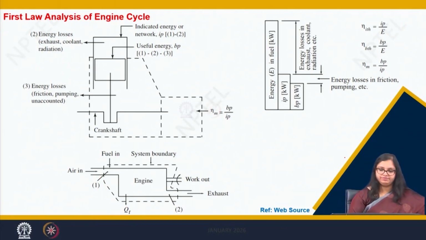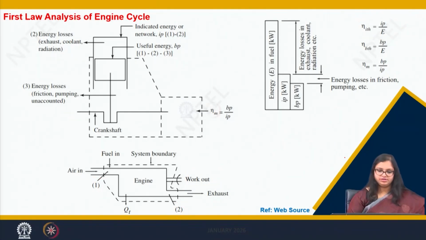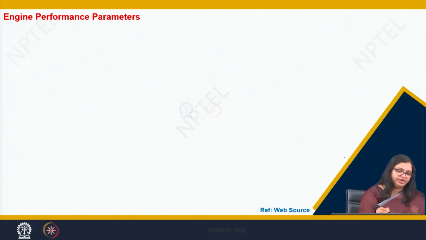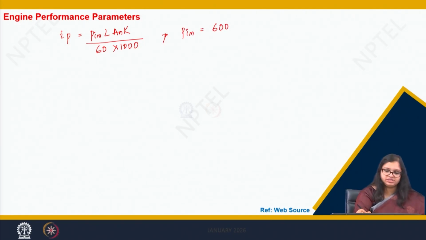So how do we define it? We define it as IP is equal to PIM LANK by 60 into 1000. So here your indicated mean effective pressure PIM is equal to 60,000 multiplied by IP by LANK.